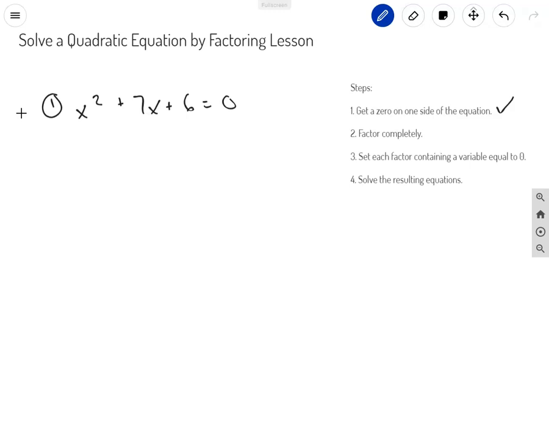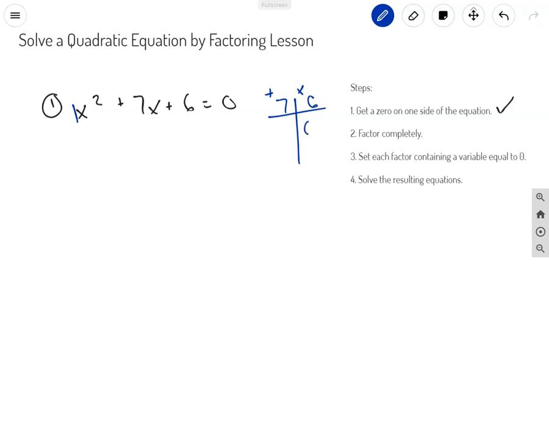The leading coefficient is just 1, so I'm going to go ahead and make my t-chart. I have to remember what adds to give me 7, but multiplies to give me 6. So what two numbers add to give me 7, but multiply to give me 6?